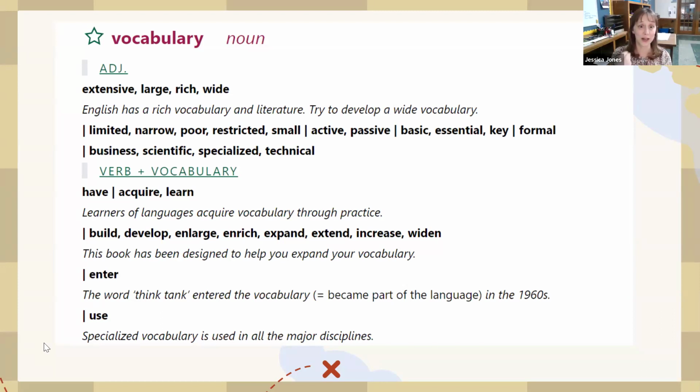But then it was the productive side that everyone said, I just don't know, what do I do? How do I make this happen? So this was a good concrete way to help people feel like they were building their skills at using the vocabulary.